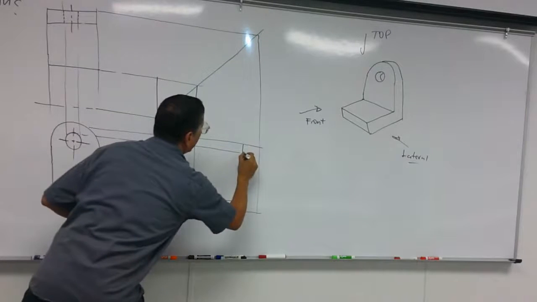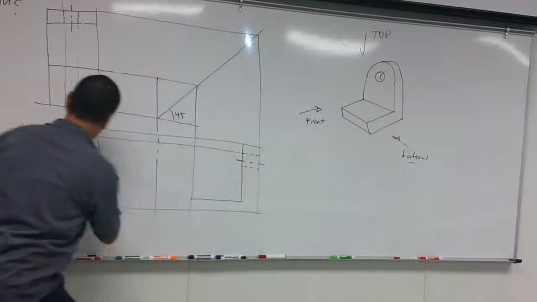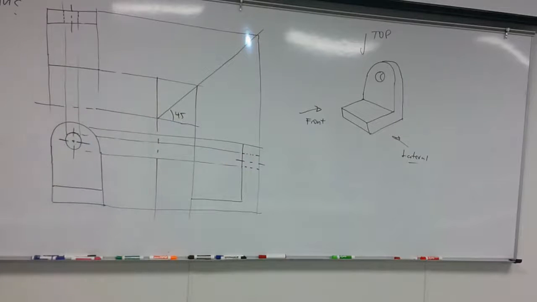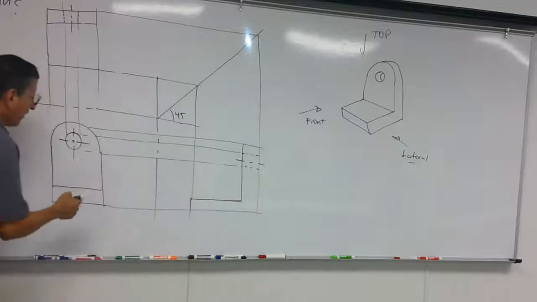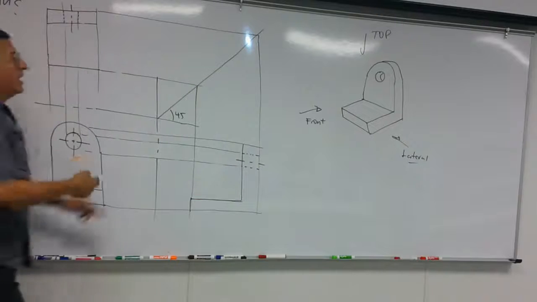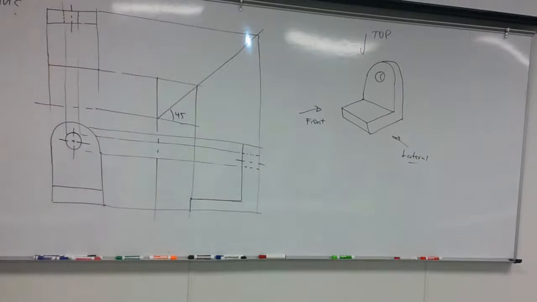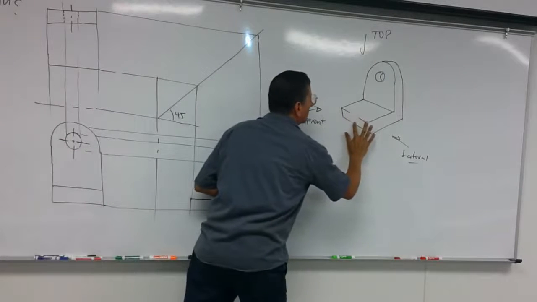The hole will be invisible lines. That's the projection. That's clear? This is the object. This is the lateral view. This is the front view. This is the top view. And this is the object. We are going to make a modification on that element.